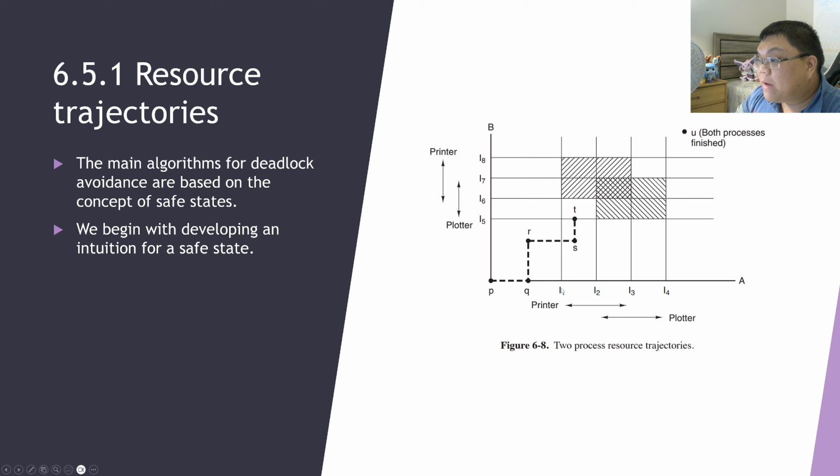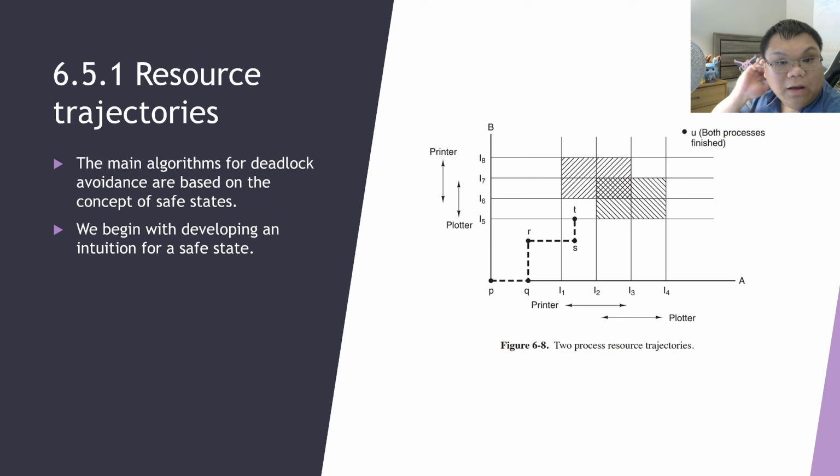So process A uses a printer at times I1 to I3. Process B needs a printer at times I6 to I8. That means we can draw out this shaded region where processes A and B are using the printer, which is actually impossible because we only have one printer. We're assuming we only have one printer and one plotter in this case.